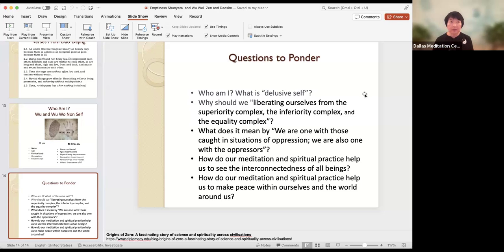So I'm suggesting that one is practice. That's why we say we need to practice meditation and mindfulness, and then non-attachment, knowing things are impermanent and interrelated, and you cannot force things to happen. If they don't happen, let it go.